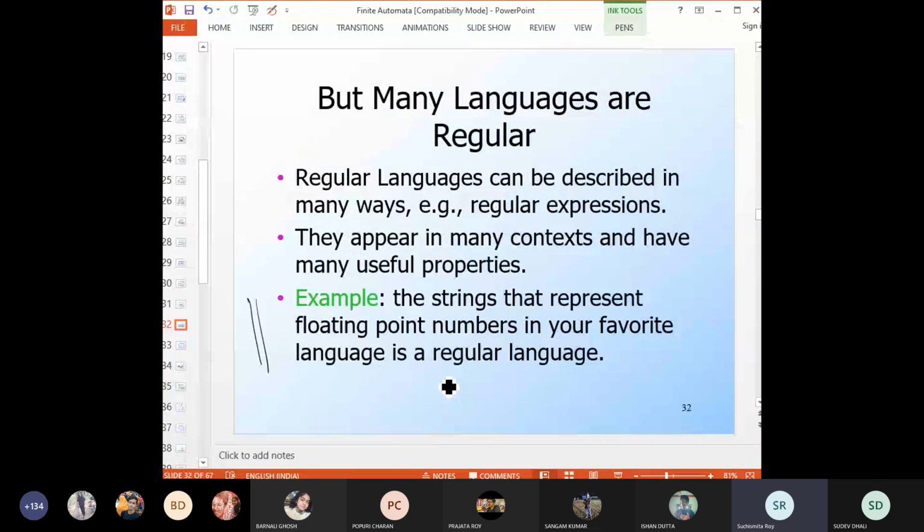Integers are too easy actually. Floating point numbers will often have something like e or E to represent the exponent, but still the pattern is a regular pattern, and you have to draw a finite automata for it, or implement a finite automata for it in programming to be able to recognize a valid floating point number.